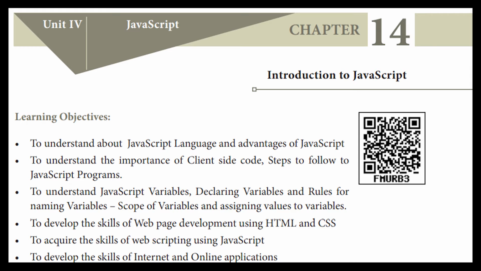And we'll have some rules for naming the variable also, which you will see in this chapter. And then about the scope of variables. Scope means the lifetime of a variable in the source code from where it is defined. That is known as scope.